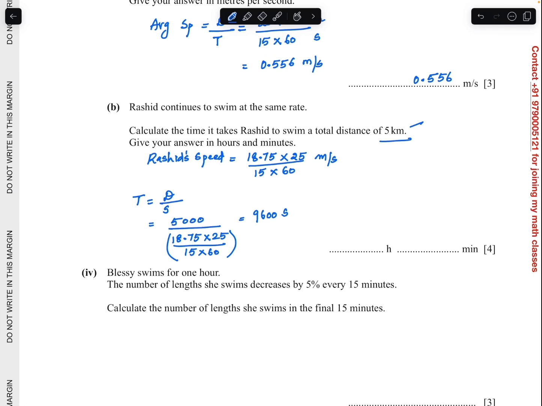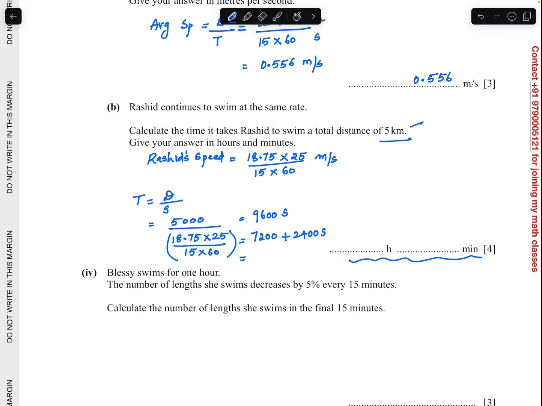So we get the answer in seconds. But here look at the answer line. We have to give it in hours and minutes. So this seconds I'm going to separate it as 7200 plus 2400. Yes, these two are in seconds only.